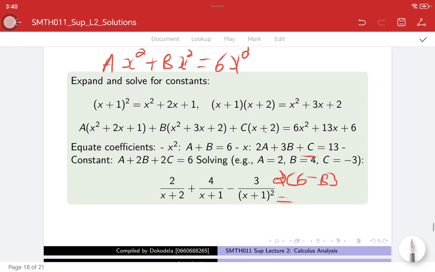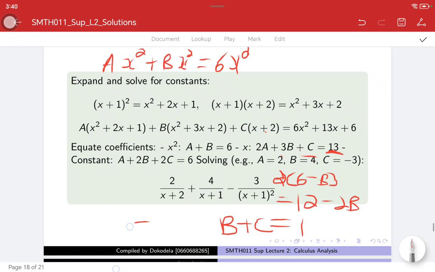A will give us 12 minus 2b. When I take 2b plus 3b, I'm going to get this 12 to the other side. I'm going to get 1, right? If I take 12 to the other side, I'm going to get that 1 is equal to minus 2b plus b. I'm going to get b plus c. So I get that b plus c is equal to 1, right?